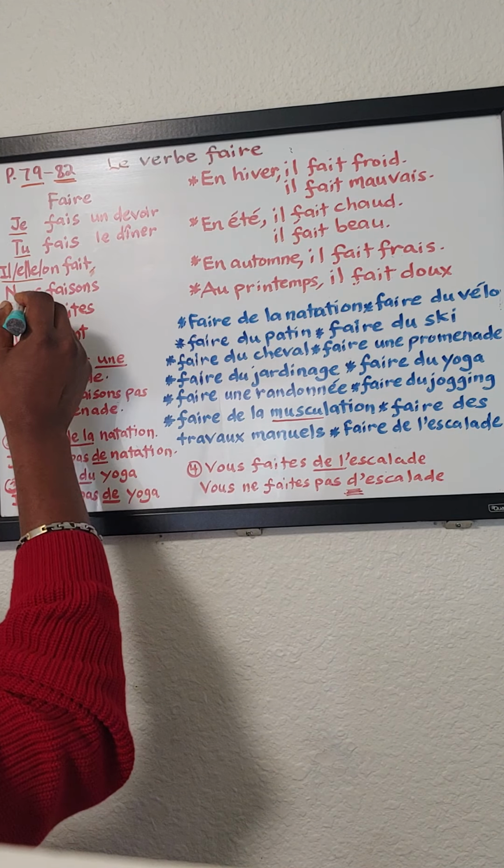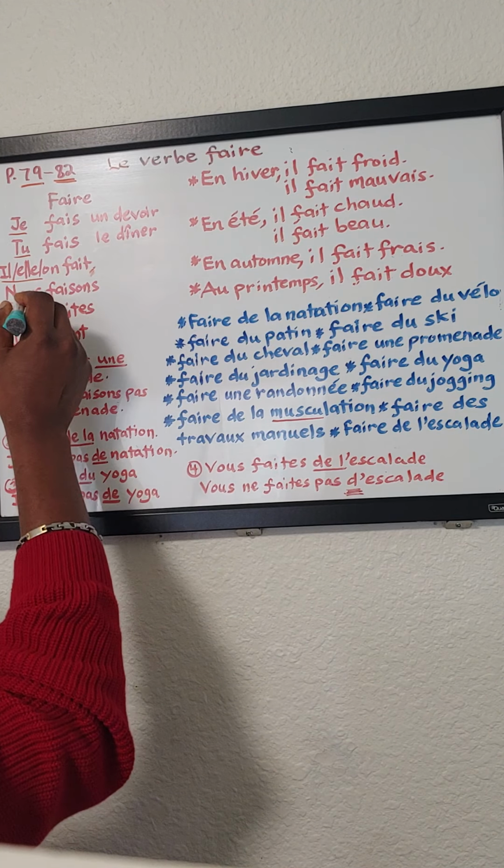So en is used in front of the seasons that have a silent H or a vowel. Then au in front of printemps because it begins with a consonant. Une consonne. Très bien.